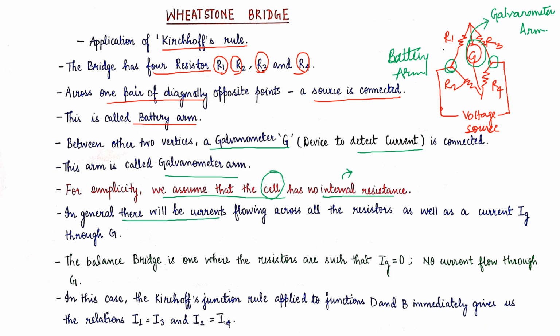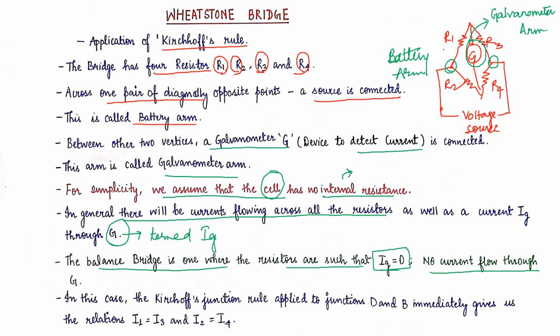In general, there will be currents flowing across all the resistors as well as a current Ig from G. The current flowing through the galvanometer is termed Ig, current through galvanometer. The balanced bridge is one where the resistors are such that the current flowing through the galvanometer is zero. No current flows through G.